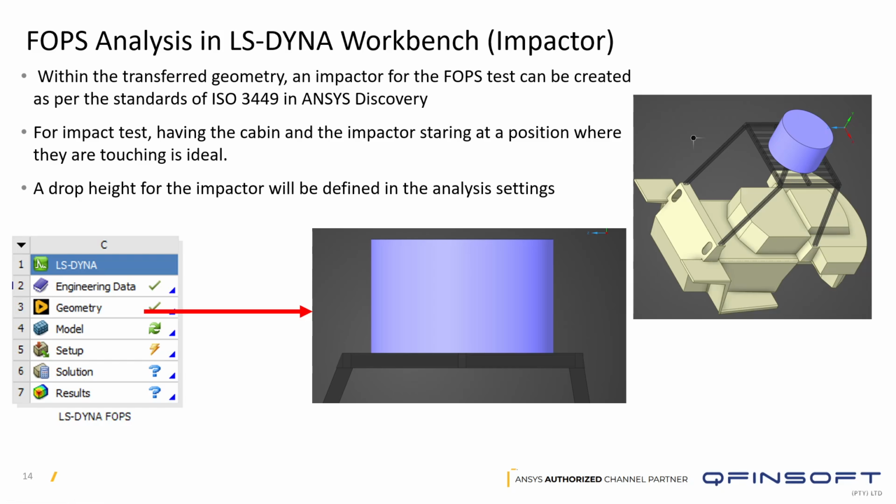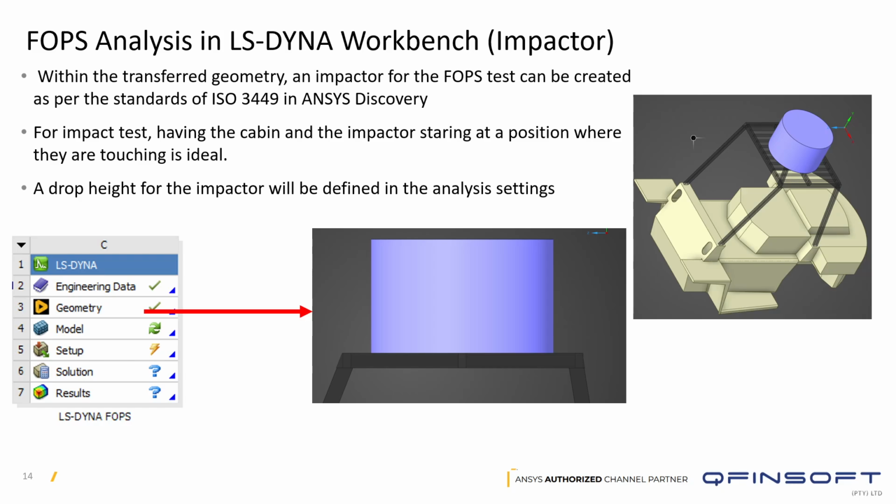Okay, so going back to the start, after we've transferred over our geometry, we can go into Discovery and define our impactor based on the impactor that the ISO standard that we're looking at wants us to use. And then for the impact test, we have the cabin and the impactor starting at a position where they are touching. This is ideal, so we don't have to waste any solving time computing for that impactor falling onto the structure.